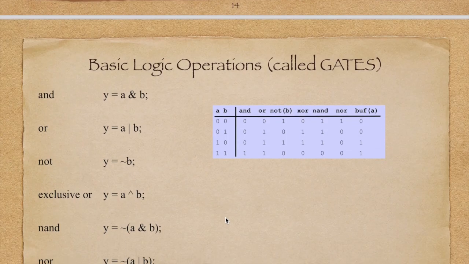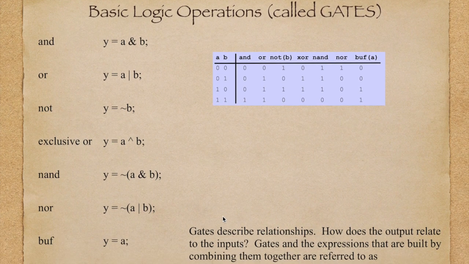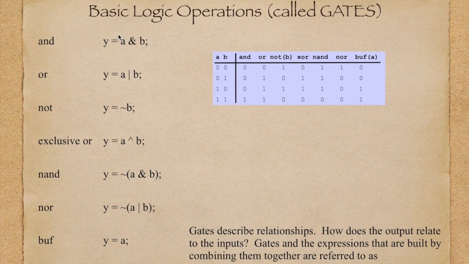This is the page that everybody should commit to memory. Everybody should know the operators that we will utilize to define these operations. Please keep in mind that these operators are not unique to Verilog, but Java, C++, Python, they use the same operators to implement the same functionality.